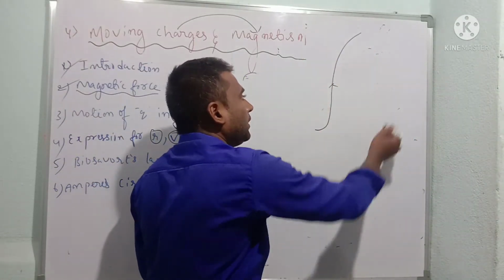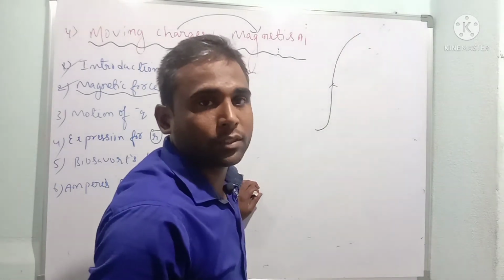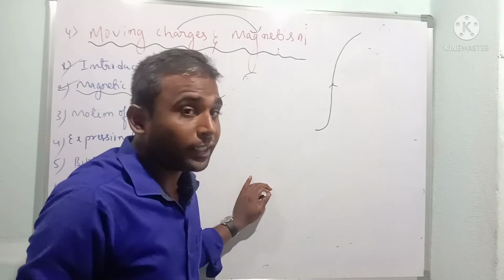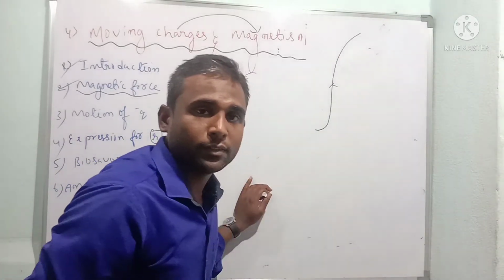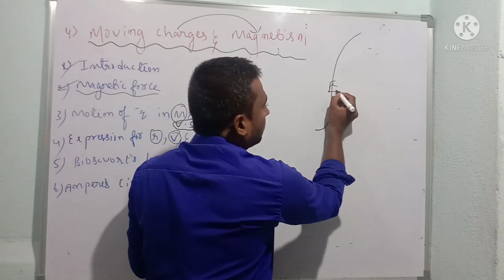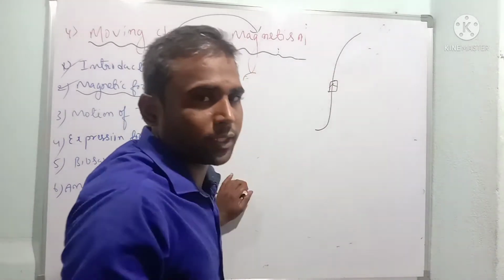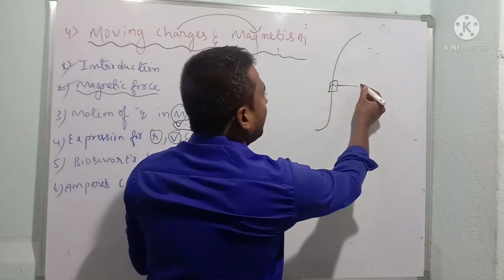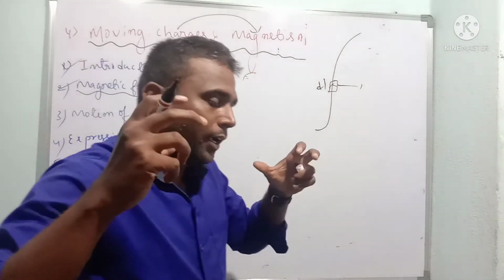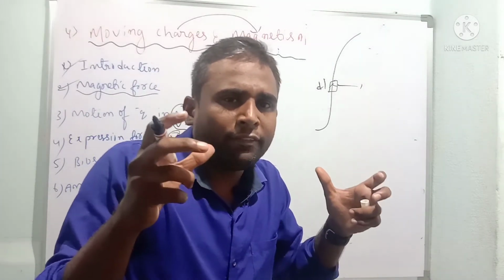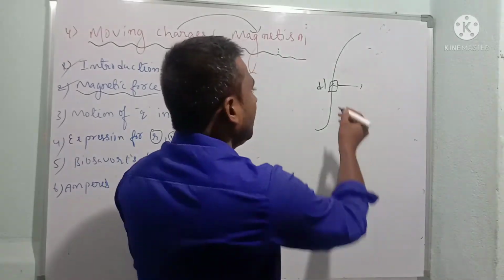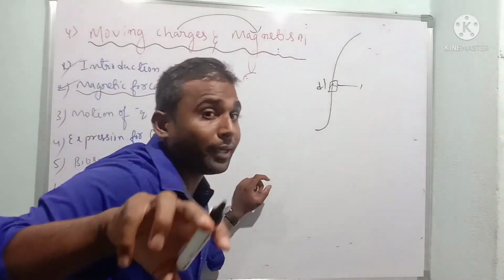Now it's quite difficult to find the amount of magnetic field in the current carrying conductor. Hence I am going to take a small portion, that is called current element, denoted by the symbol dl. I am going to take a very, very small length, called the current element, to find the magnetic field.